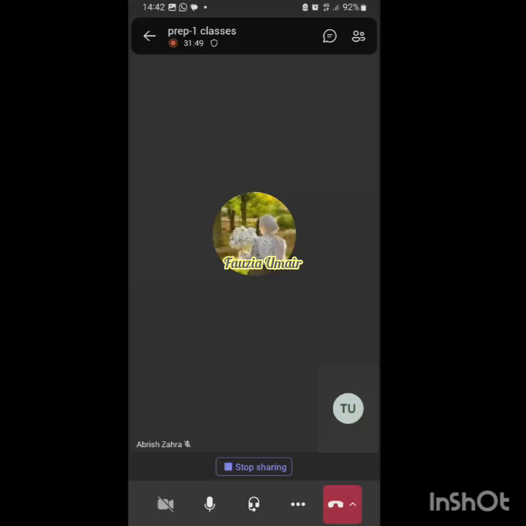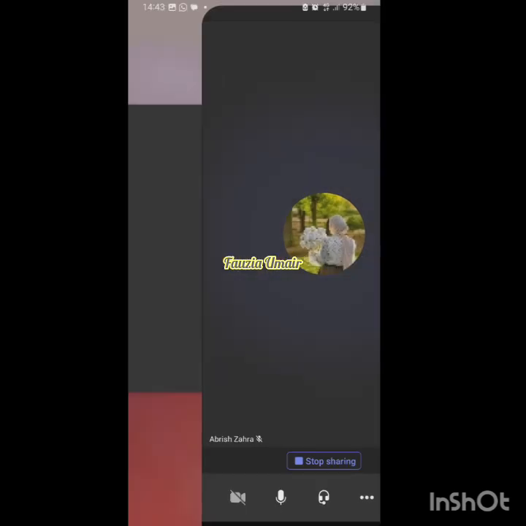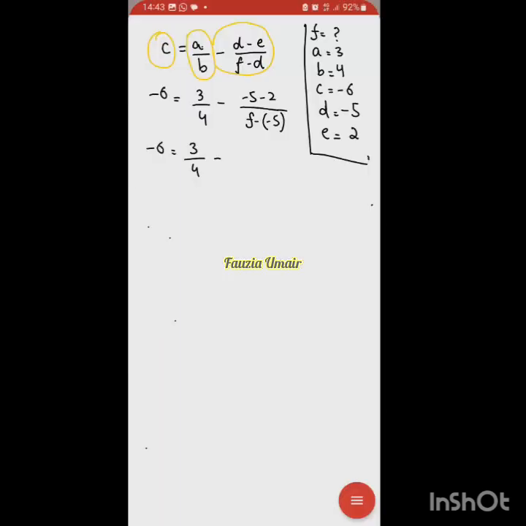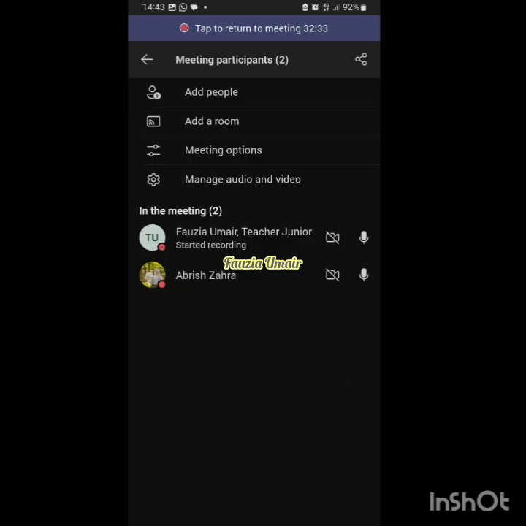Can you see the screen now? No. Is it shared? No, ma'am. You cannot see the screen, not the whiteboard I have opened. Okay, now I'm opening the whiteboard. Can you see the whiteboard? No. Oh, what should we do? Abrish, can you try rejoining the class? Maybe the problem is at your end. Ma'am, let me join from my mobile. All right. Join the class again, okay? Rejoin it. Maybe that's the problem.